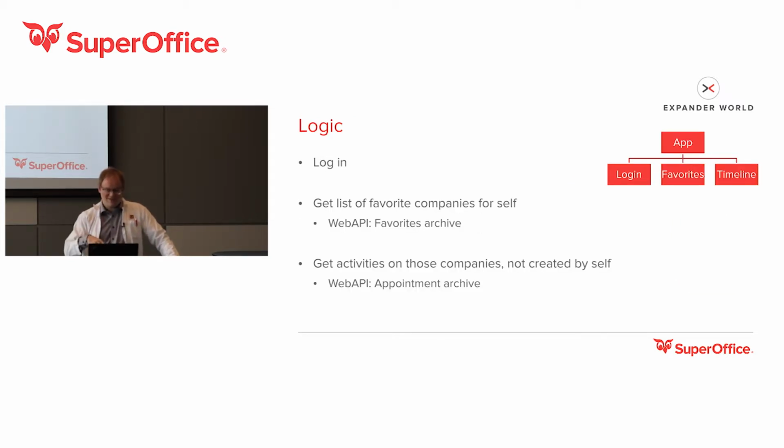But logically, what's happening is we have a login, and then in order to show the list of activities on favorite companies, we first need the list of favorite companies. So we get the list of favorite companies from the web API. And then once we've got the list of favorites, we can go off and get the list of appointments that are attached to those companies, but which are not created by us.